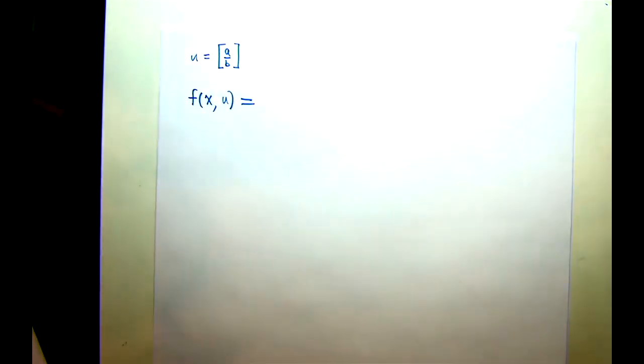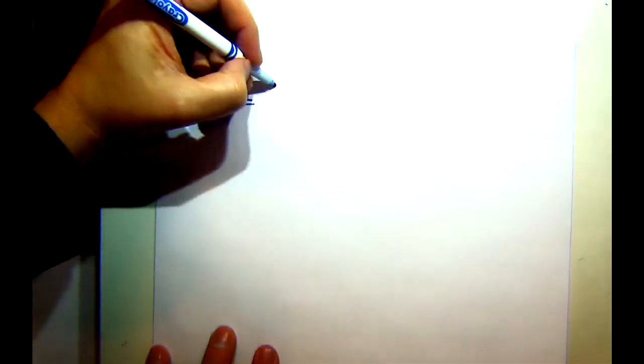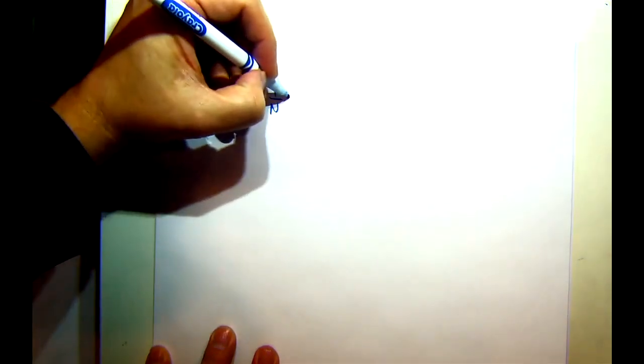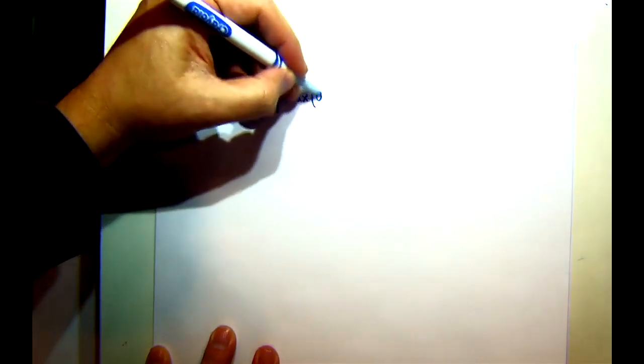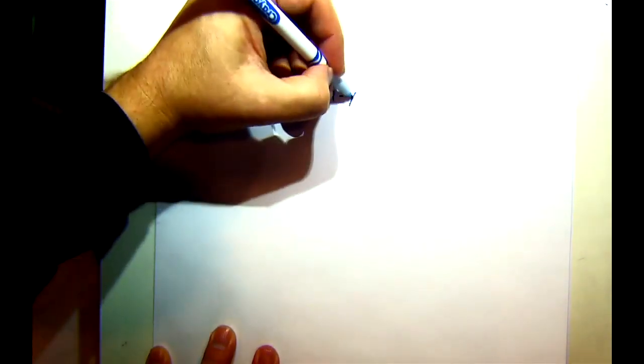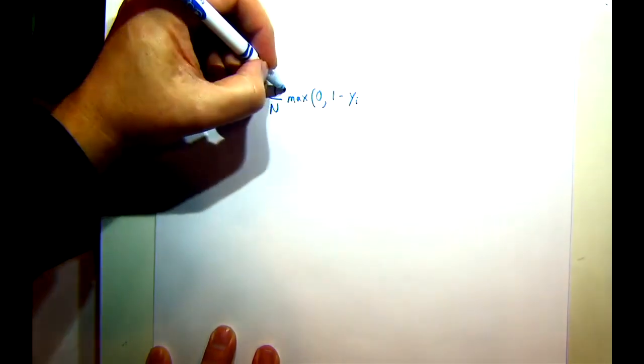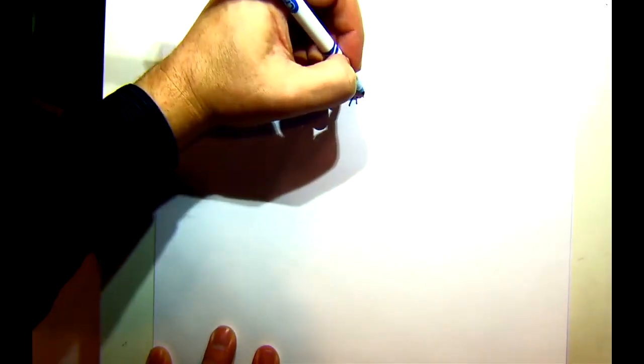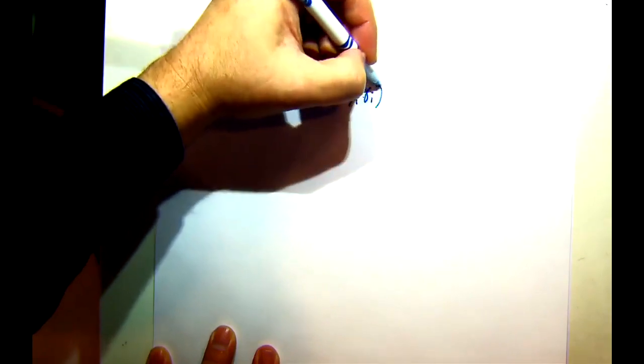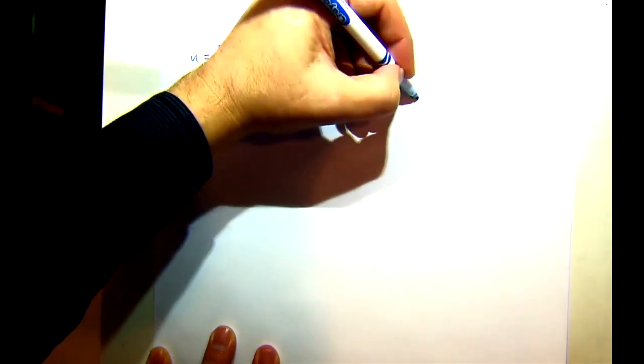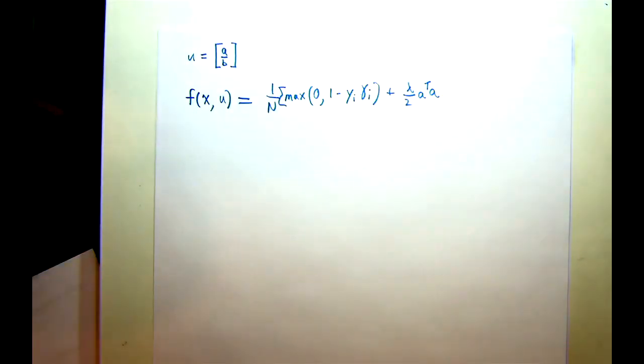And this, again, is just the 1 over max of 0, 1 minus y_i, sorry, there's a sum in there, lambda_i plus, sorry, that's gamma_i plus A transpose A. So we have some function. This is our cost function that we've been talking about this whole time. Now, how do we minimize that?